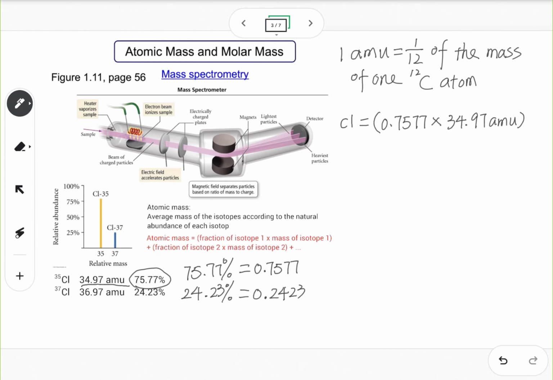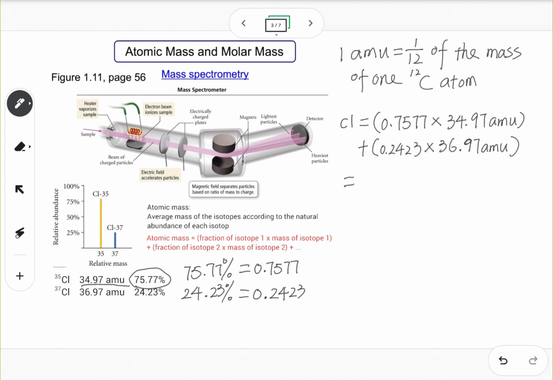This is the first part, plus the fraction of isotope 2, the fraction of chlorine 37, that's 0.2423 times the mass of chlorine 37, 36.97 AMU. So this is how we set up the equation. Now let's do the calculation step by step. Again, since we've already learned significant figures, we need to follow them.